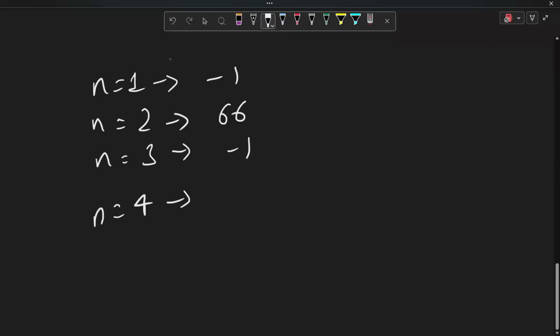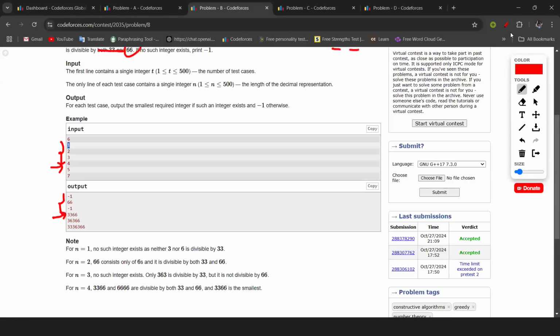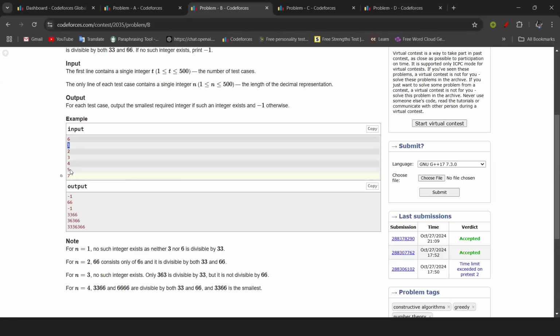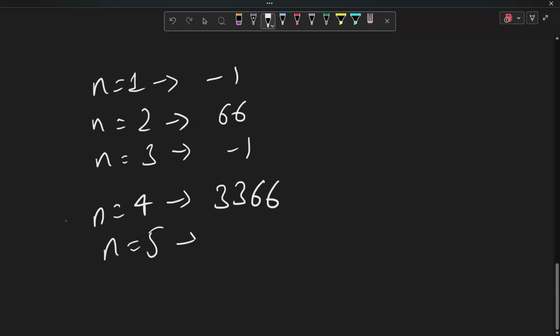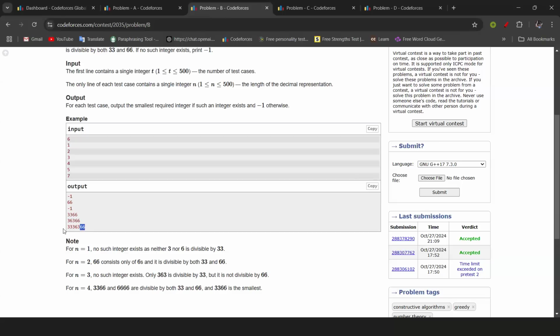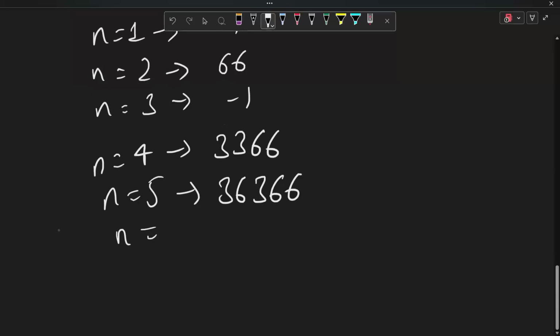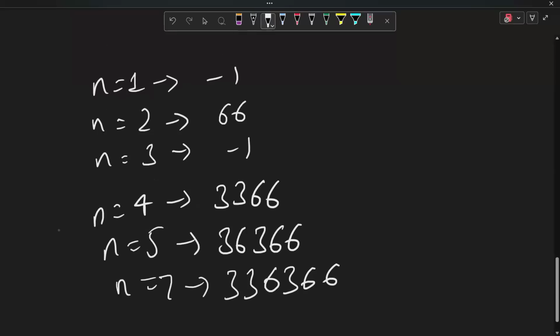For n equal to 4, our answer was 3366. For n equal to 5, our answer was 36366. For n equal to 7, our answer was 3336366. These answers we know from the given test cases only.